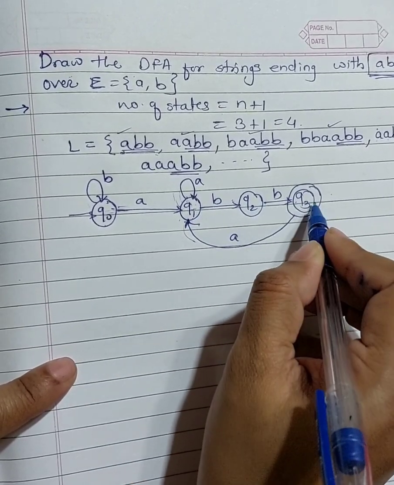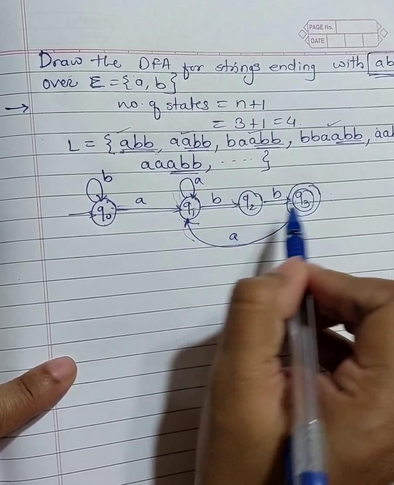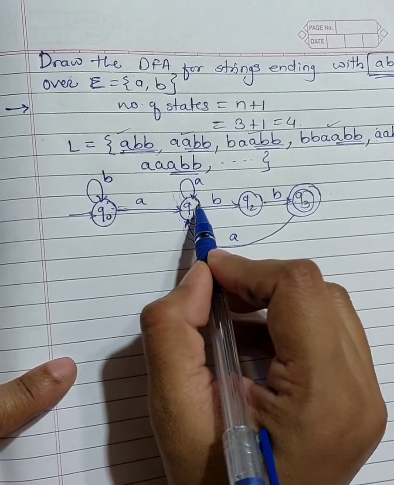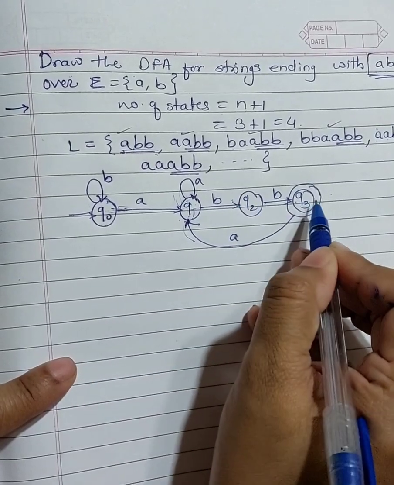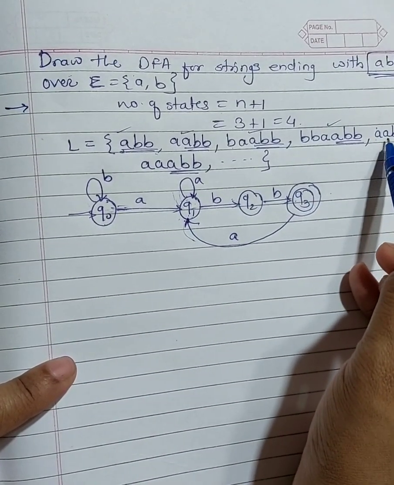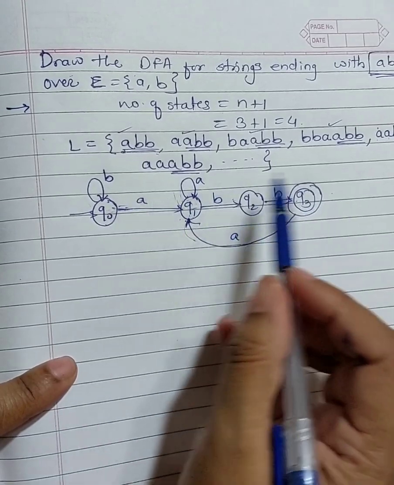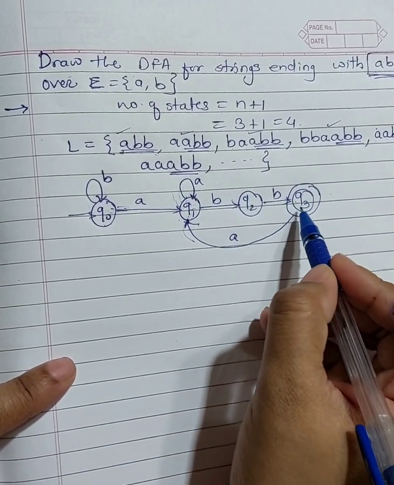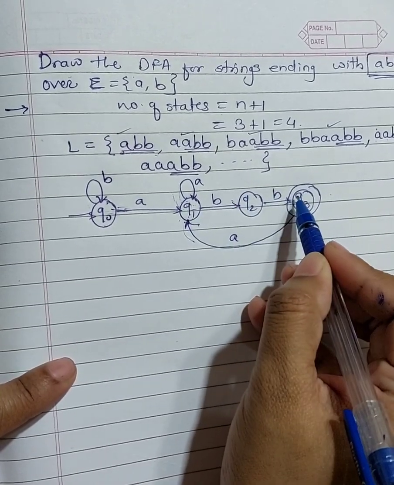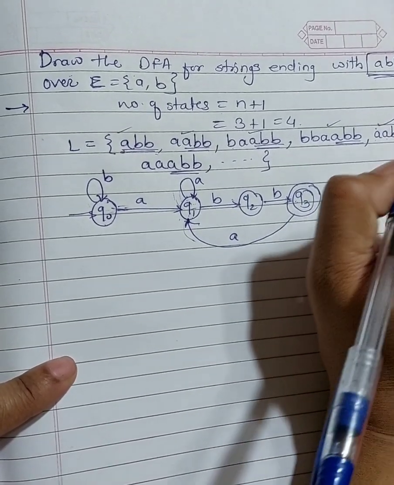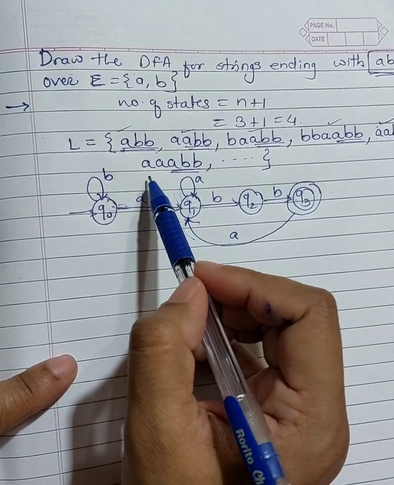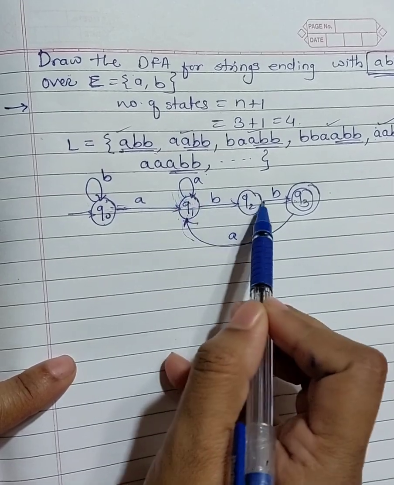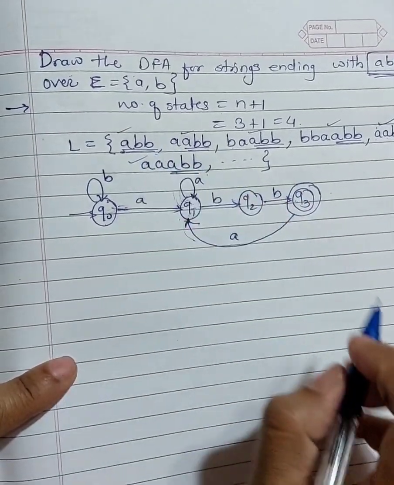After A we want BB at the end, so we have to pass this A input from this state to Q1. So ultimately we'll get ABB, A, BB at last. So we are getting this string, so we can say that this is also acceptable. Now check for the last one, AAABB. So ABB, so we can say that this one is also acceptable.